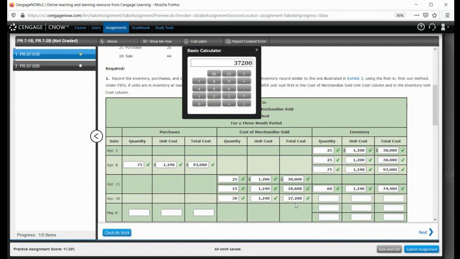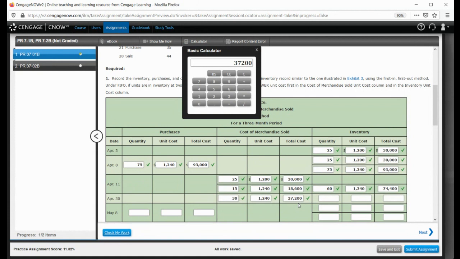So this amount right here, the $37,200, is the cost of the merchandise that was sold on April the 30th. This is the cost of merchandise sold.